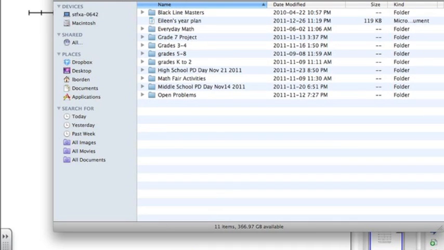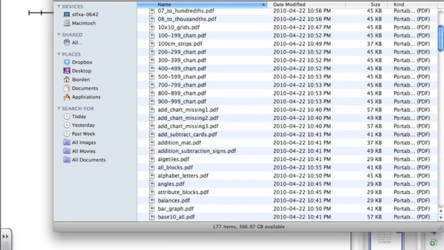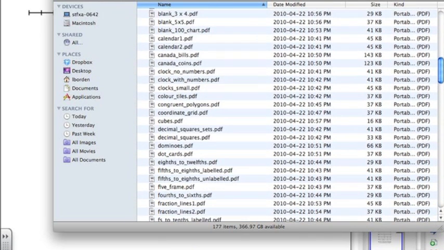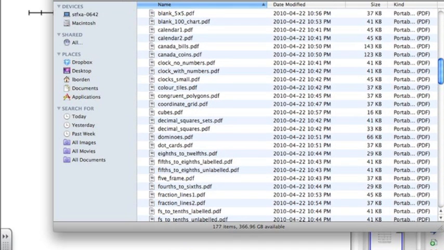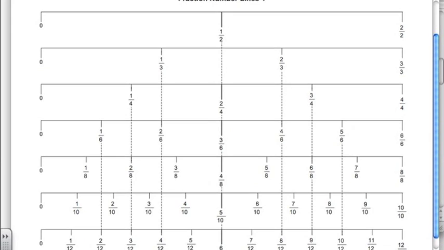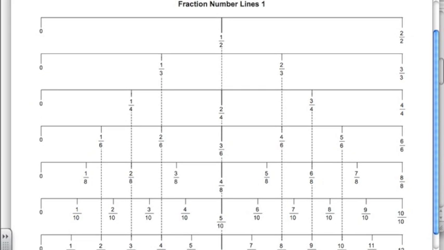I think I linked these from your Move site, but I have them all downloaded on my laptop too. So they have these nice, what they call fraction lines. And so you can see all the relationships between the fractions, so we can get kids to build them.